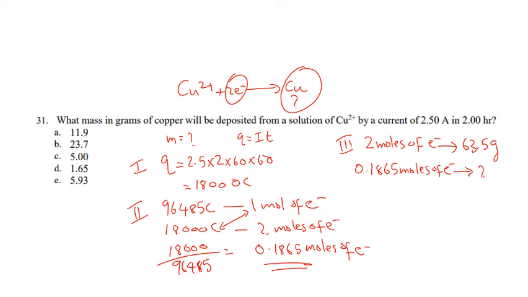So I just multiply these two and divide by this number, right? So that means 0.1865 times 63.5 divided by 2 will give me 5.9 grams. So the answer is E.